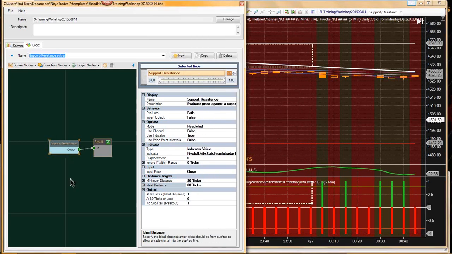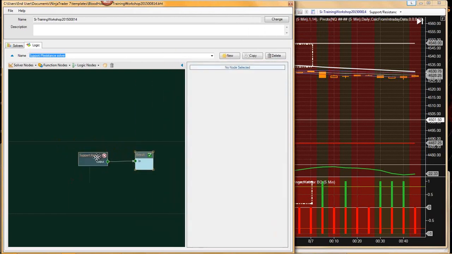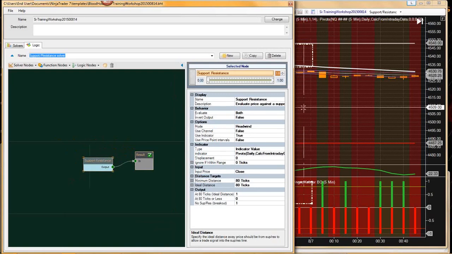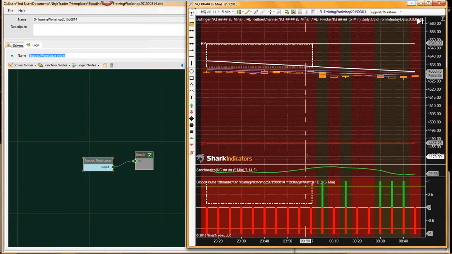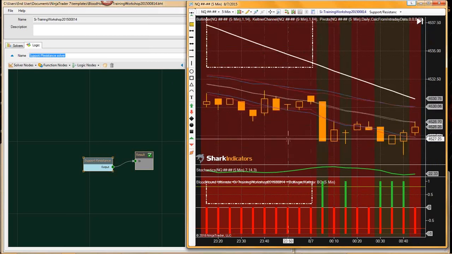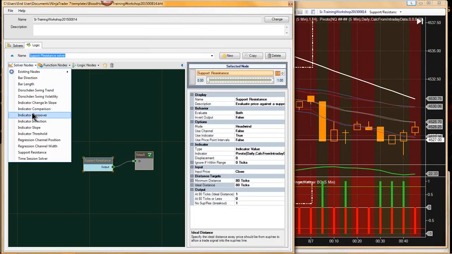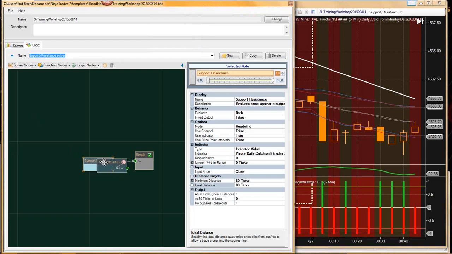So let's see. I want to actually get some trade signals going in here. All right. I'm just going to build a simple crossover solver that generates some trade signals here.